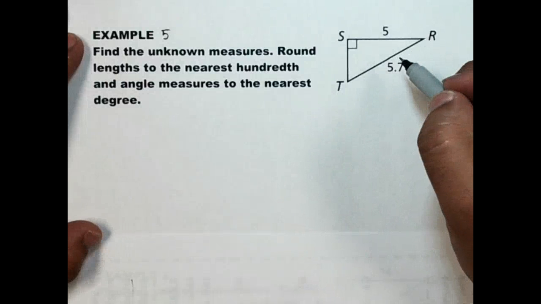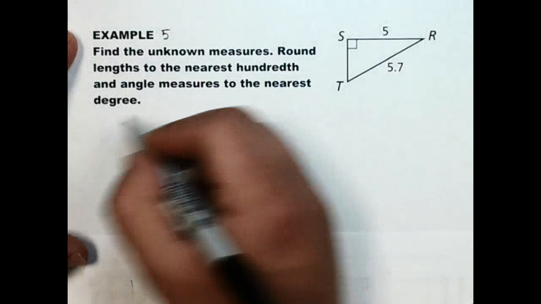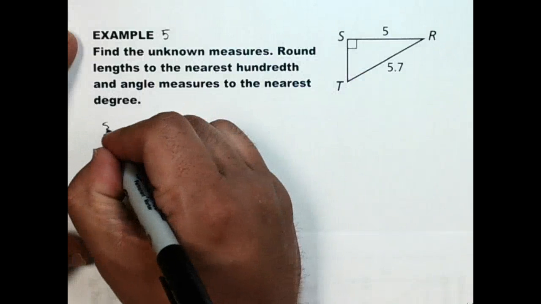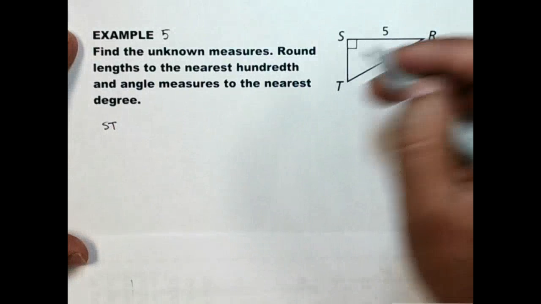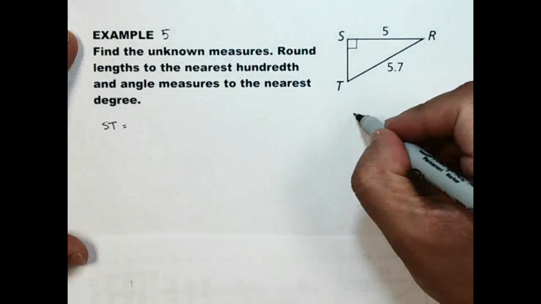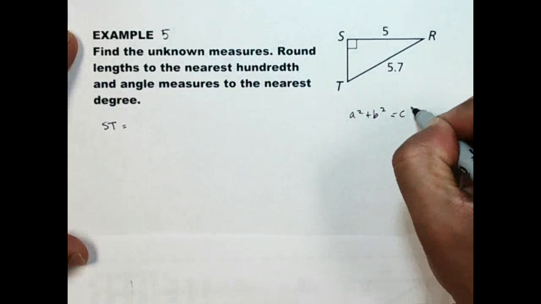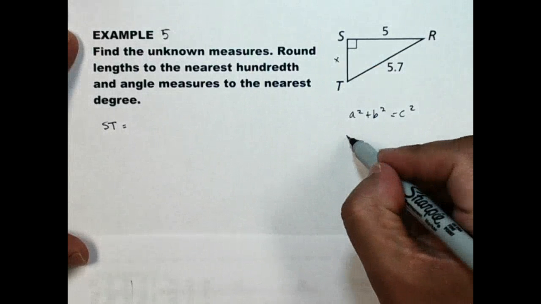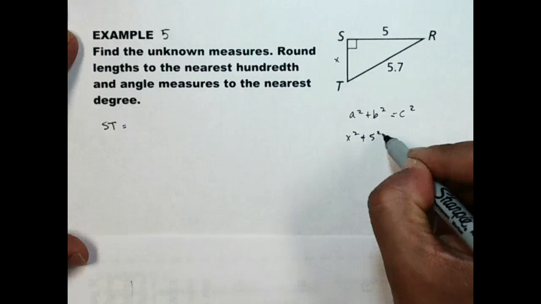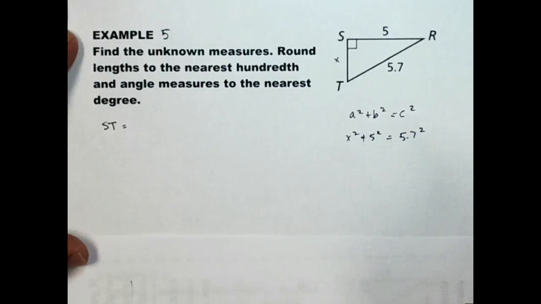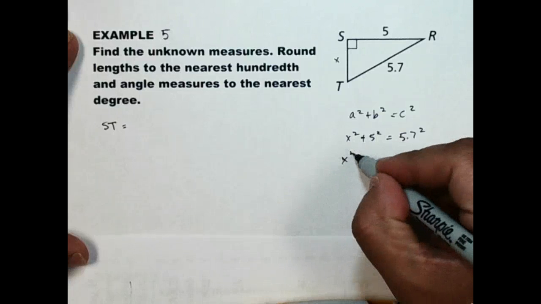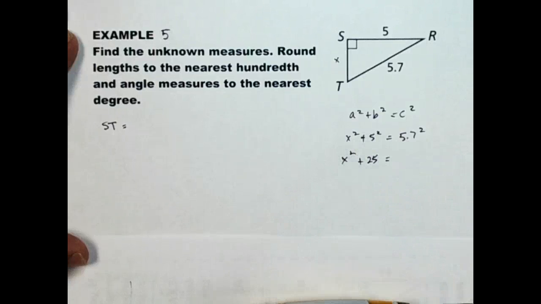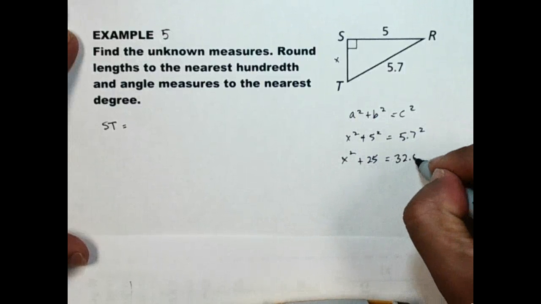So first thing I'm going to do is find this third side here, that's ST. Because it is a right triangle, I can just use the Pythagorean Theorem, which is a squared plus b squared equals c squared. So let's let that be x for just a minute. That's x squared plus 5 squared is equal to 5.7 squared. So x squared plus 25 equals 32.49.